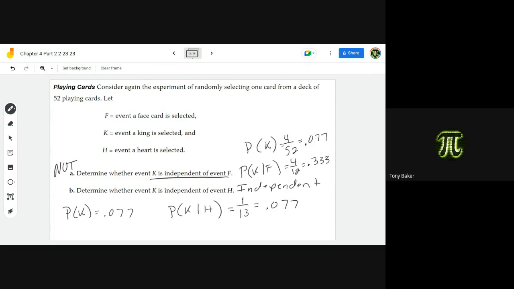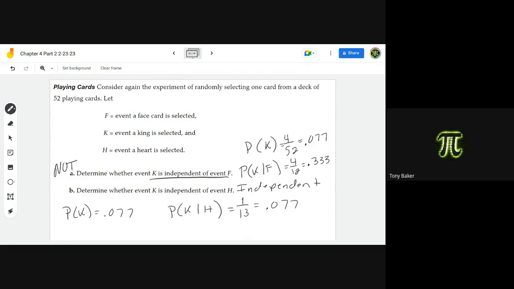It's just the king of hearts. So my outcomes are not the same. The probability of that event happening is the same. Okay. So the probability of me choosing a king out of my entire deck of cards is about 7.7%. The probability of me picking a king given I've had the hearts is 7.7%. So that is why they're independent, because the probabilities of either event happening is the exact same.